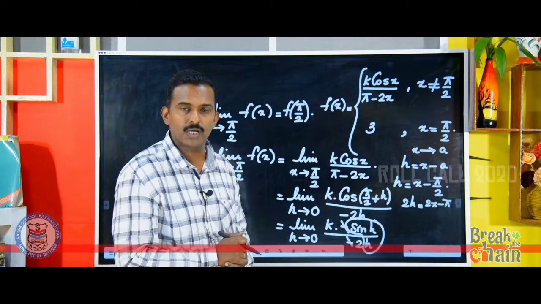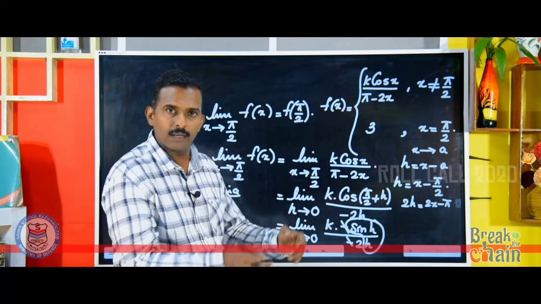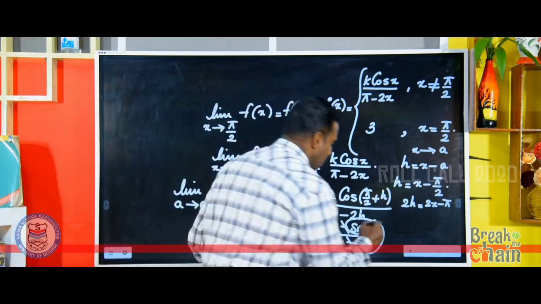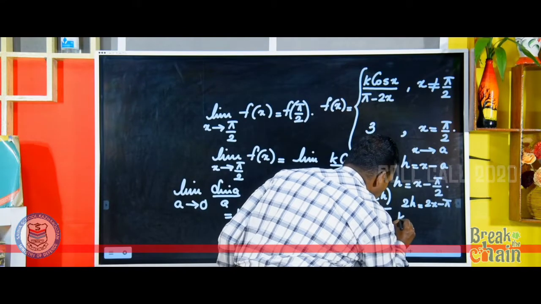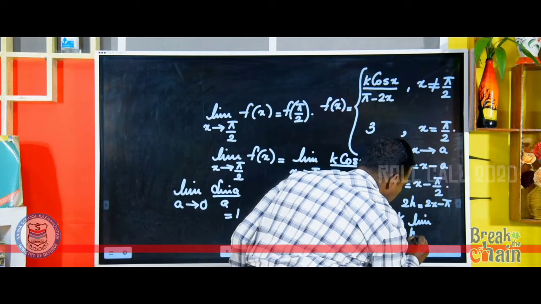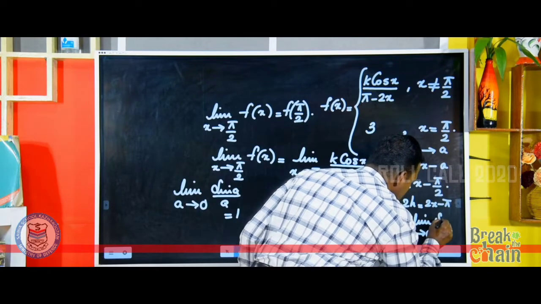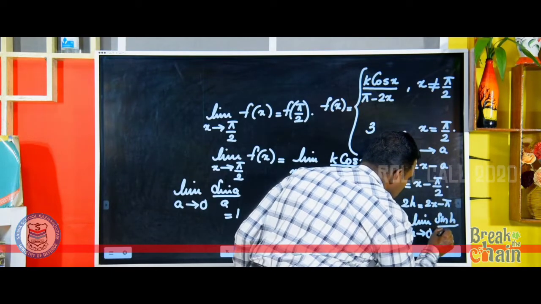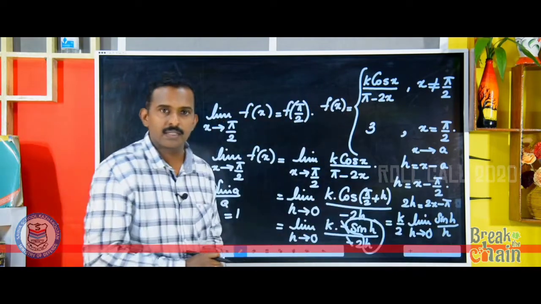Meanwhile k by 2 is a constant. The constant in a limit will go outside. K by 2 into limit h tends to 0, sin h by h. That is a step.